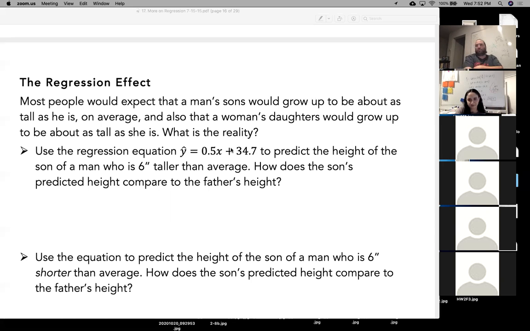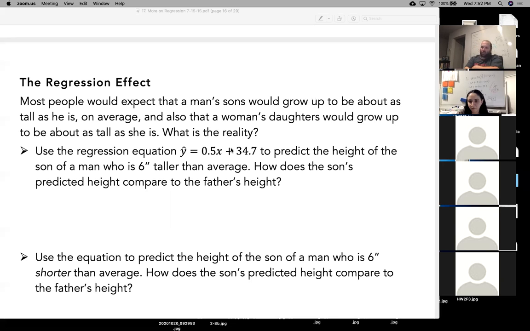Okay, so let's try this. Let me interpret what they just said. If you measure something and your measurement is above average, a future measurement will tend to be lower. Like, for example, your batting average. If your batting average is above average, the next year's batting average will tend to be lower.